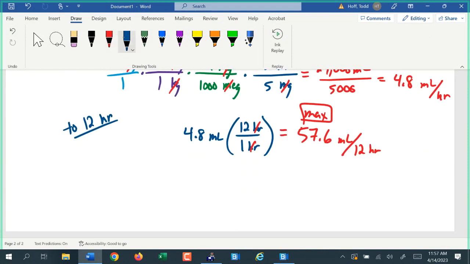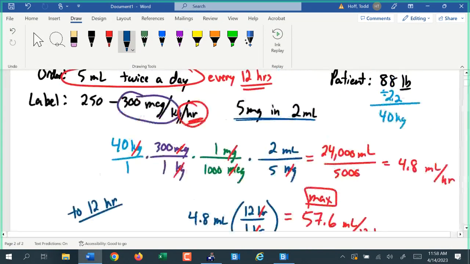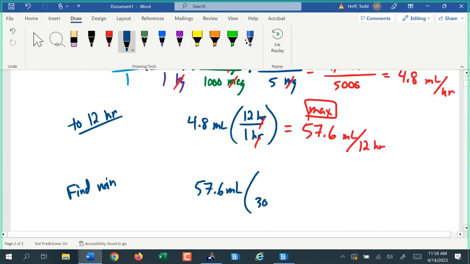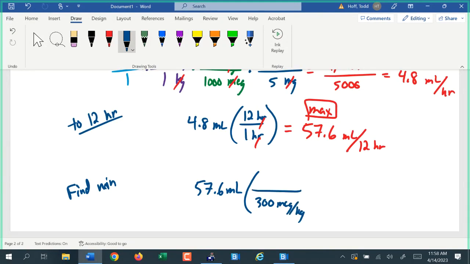To find the minimum, we're going to take that 57.6 milliliters, and that was based off of 300 micrograms per kilogram. We're going to change that to 250 micrograms per kilogram. So again, those units cancel out in the titration ratio as always.